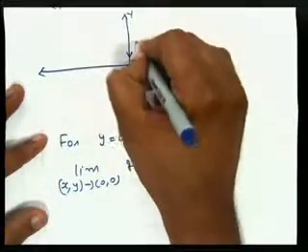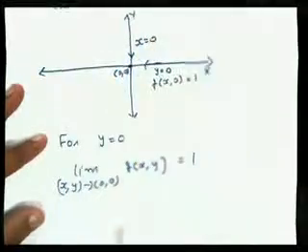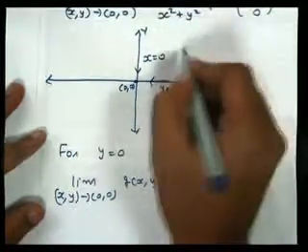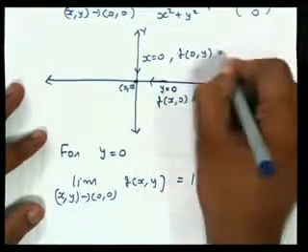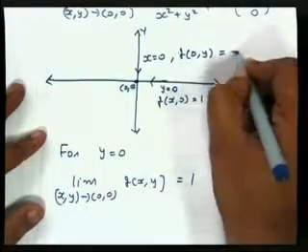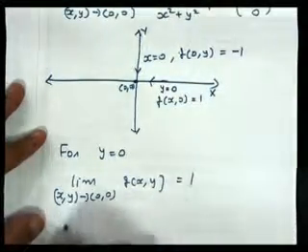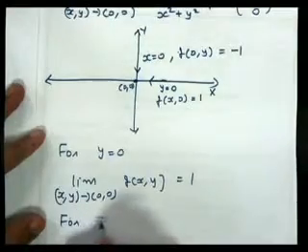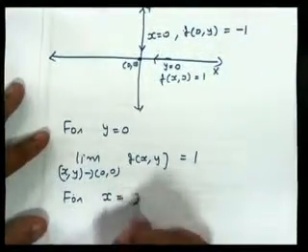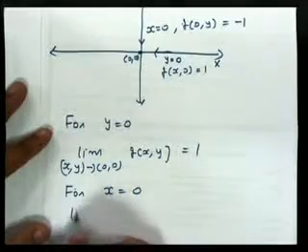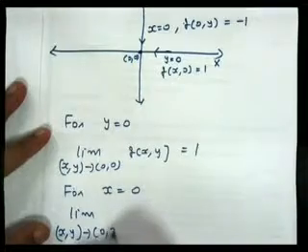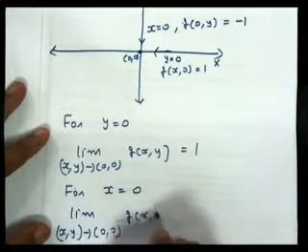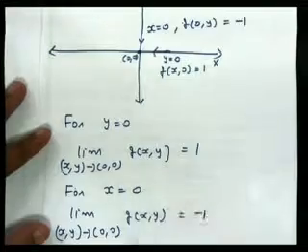Now for another curve, if I approach this way, x = 0. Then f(0, y) is equal to −1. So for the curve x = 0, the limit as (x, y) tends to (0, 0) of f(x, y) is equal to −1.